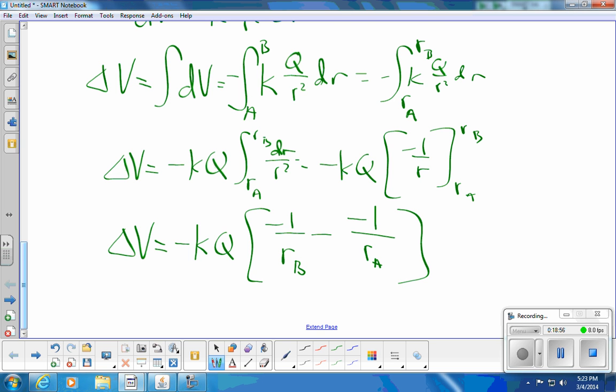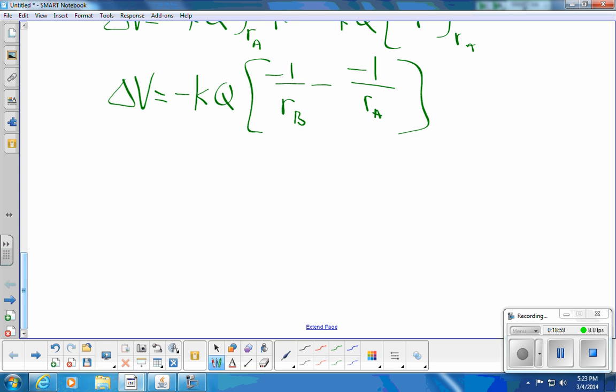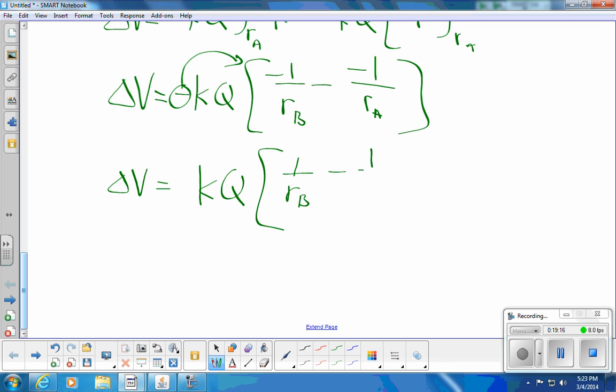Okay, so I got minuses all over the place. Pretty sure I haven't made any sign errors yet. I will distribute this minus here into my brackets. And so I end up now with delta V equal to kq times 1 over RB minus 1 over RA.